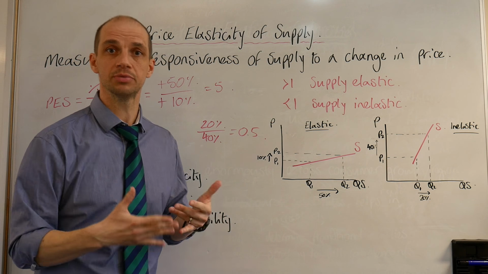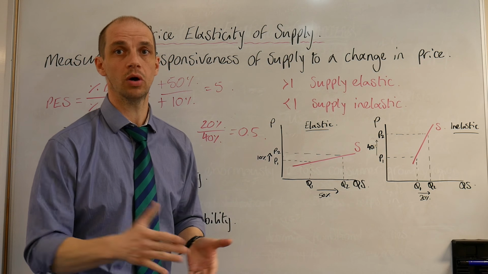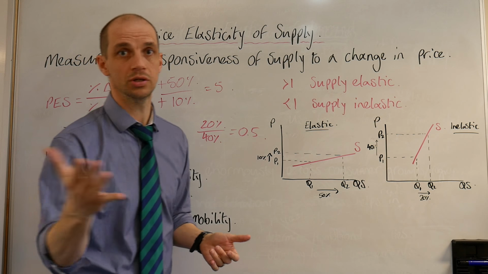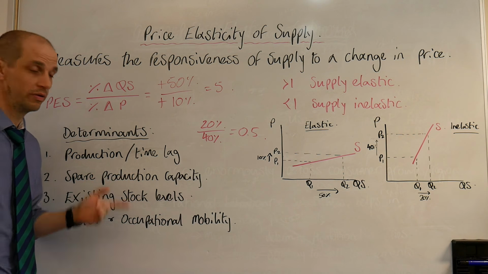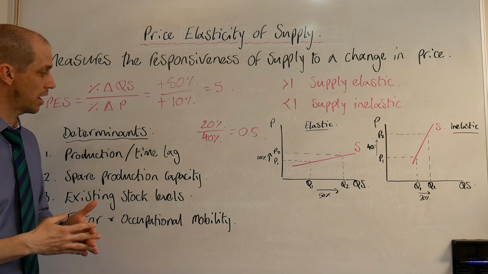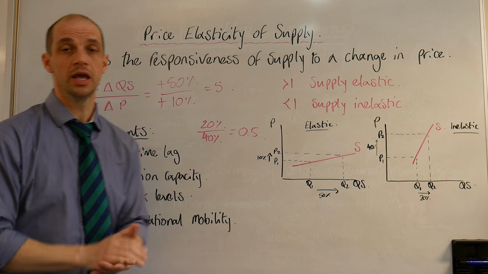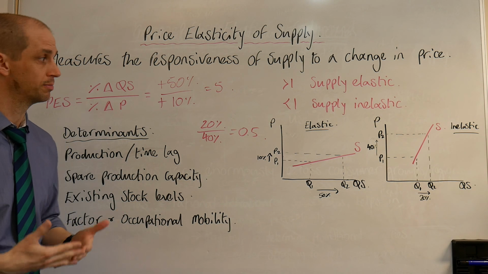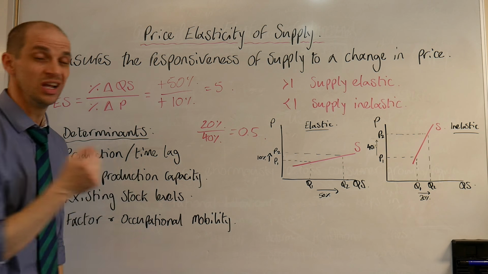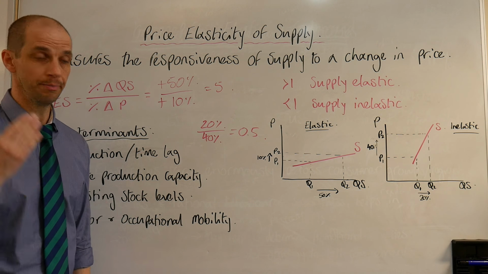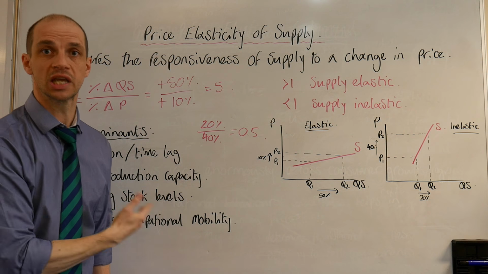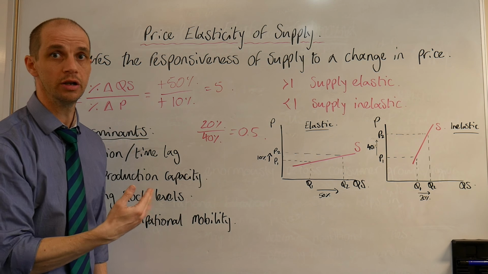Okay, because it takes time, perhaps it's handcrafted, perhaps it requires particular ingredients or component parts which are difficult to source and so on. But further to that, we've also got this point about the time lag, and that of course is particularly apparent in the production of crops and agricultural products more generally. So agricultural products generally do have, in the shorter term, highly inelastic supply curves. So the actual supply of those goods cannot be increased dramatically in the short run, but in the longer term they will be increased.